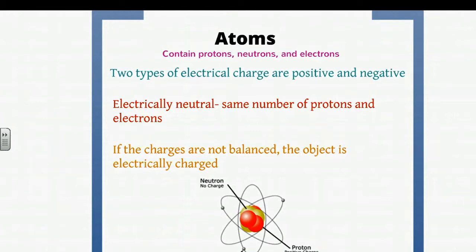Now, if this gained an electron, and you can gain an electron by stealing from another item when you rub against each other, which is called charging by contact, they actually steal an electron from another atom. If this had 4 electrons and 3 protons, it would be electrically charged. It would have a negative electrical charge because it's got more electrons than protons.